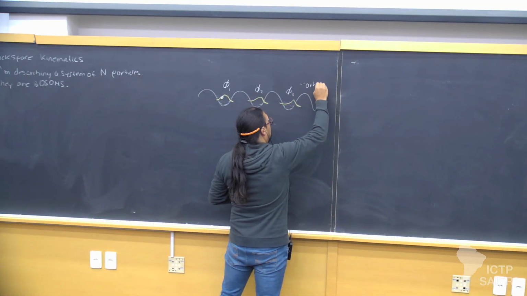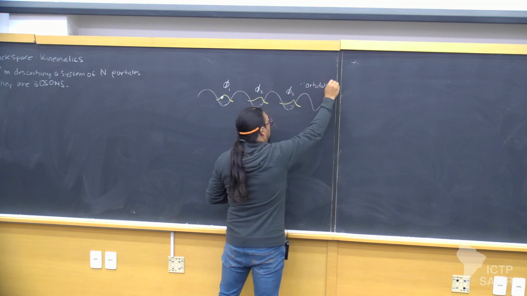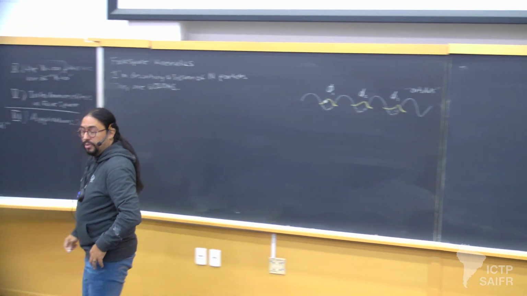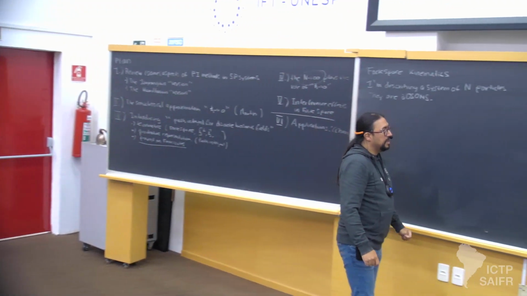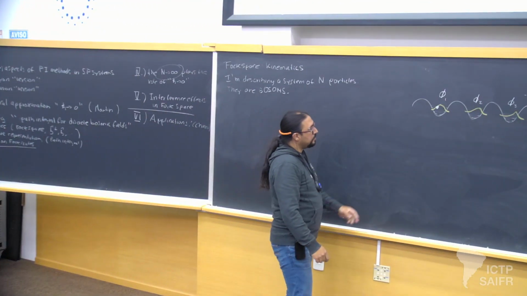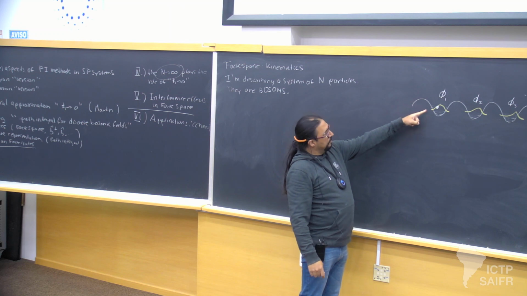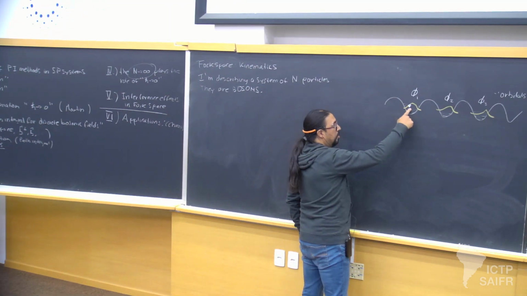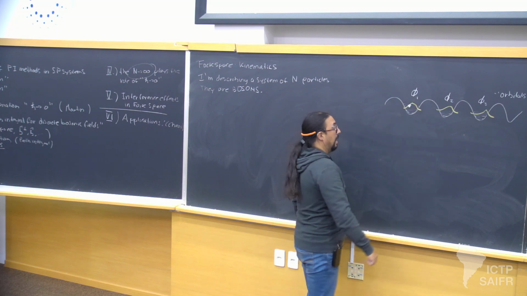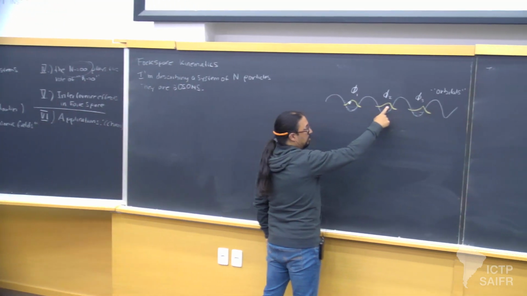It's a bad name coming from chemistry, but we call them single particle orbitals, or simply orbitals. The state I have here is a state of one particle: I have one particle in orbital 1. Perfect. I can also put the particle here or there.